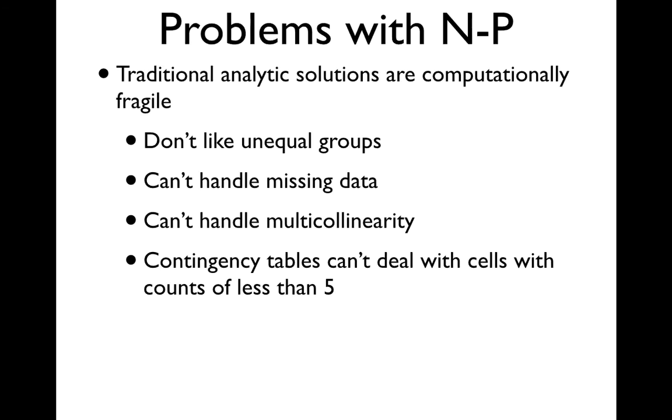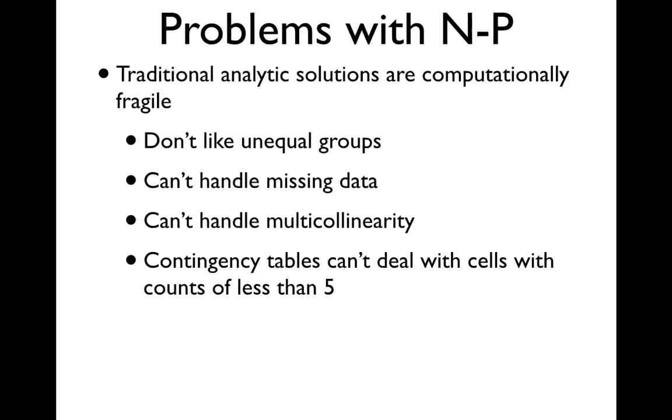Another sort of niche example is when you've got a contingency table. Contingency tables come up when you've got categorical data, so 1 and 0, so dead or not dead is an example. Imagine a study of men and women and outcomes on different measures.